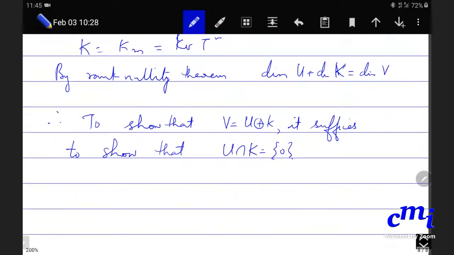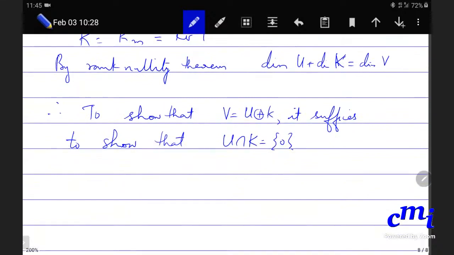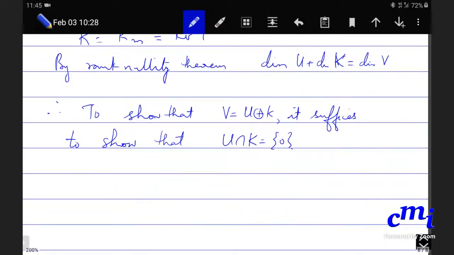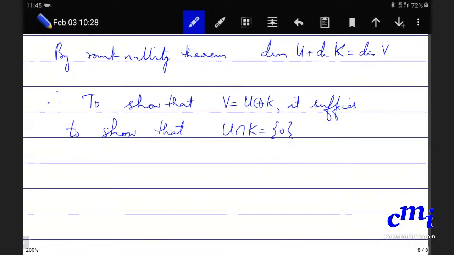Remember, U direct sum K means U plus K is V and their intersection is trivial. U plus K is V comes from the rank-nullity theorem, and U intersect K, we have to check.